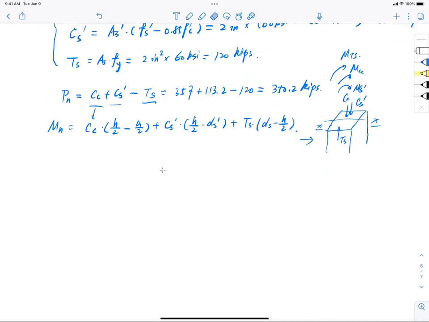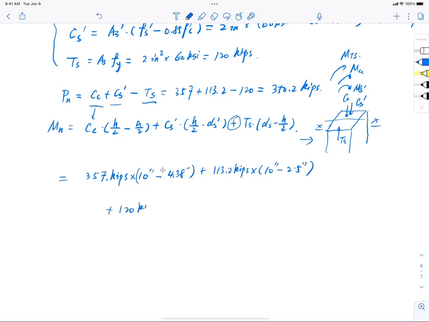Okay, all right, so since this is positive, I just have to bring the numbers in here. Now inside this, 357 kips multiplied by the distance, which is 10 inches of half height, minus 4.38, which is half of A, plus CS prime, 113.2 kips, multiplied by half H, 10 inches, minus 2.5 inches of concrete cover, plus 120 kips of force, multiplied by DS 17.5 inches minus half H, 10 inches.